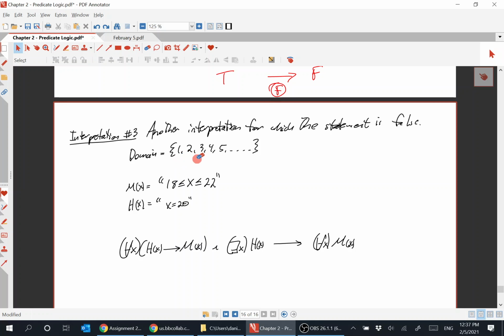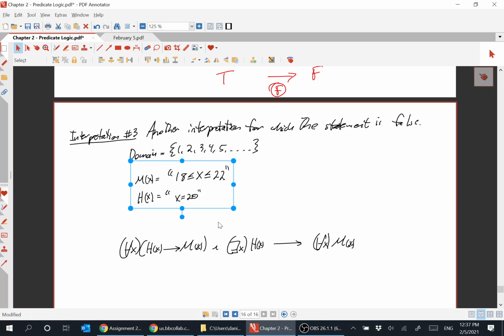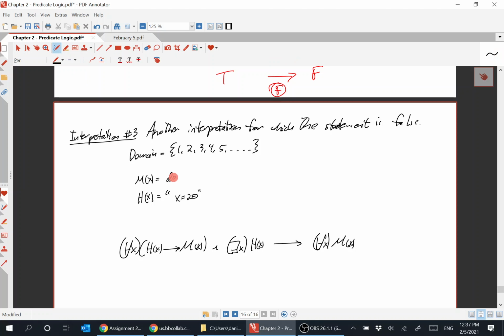So, again, we'll just use the same domain. Doesn't really matter what the domain is, and make H so it doesn't matter what m of x is. Make h of x just something false that doesn't exist.